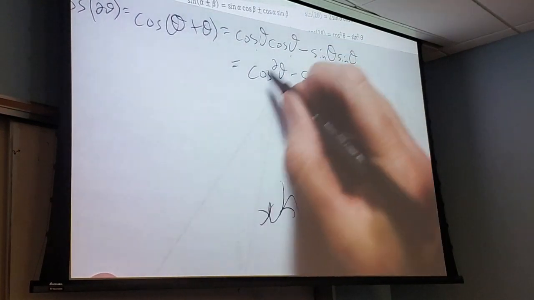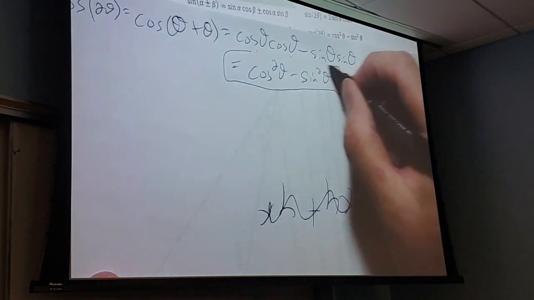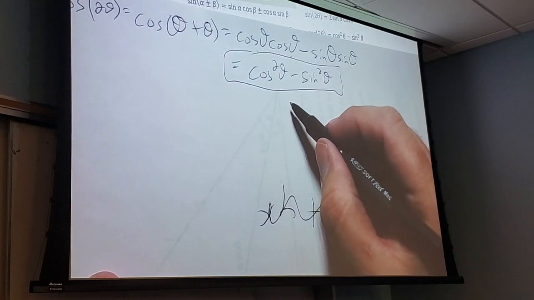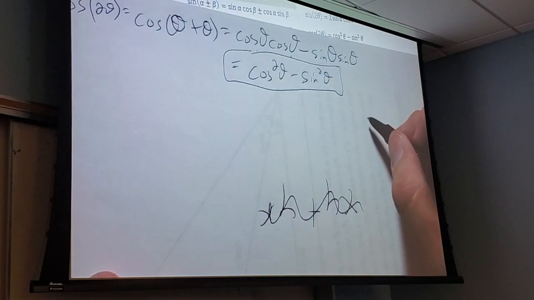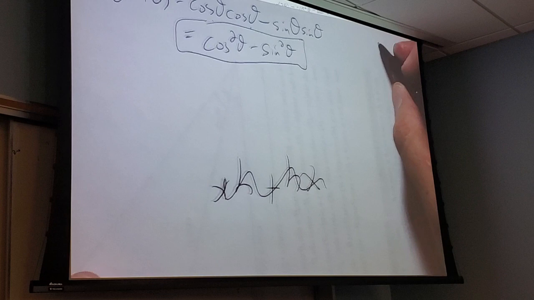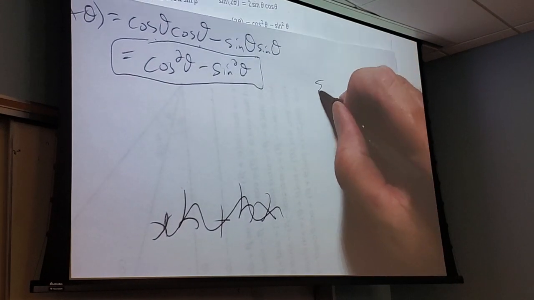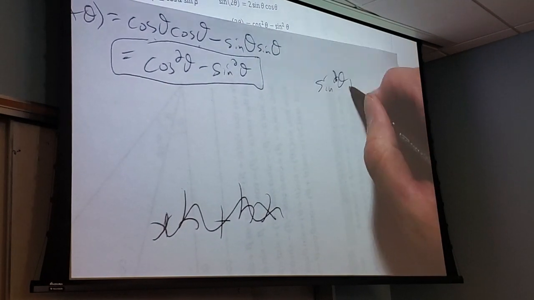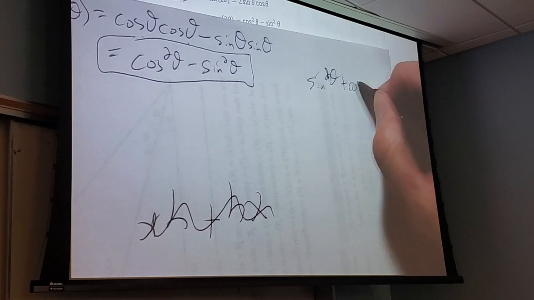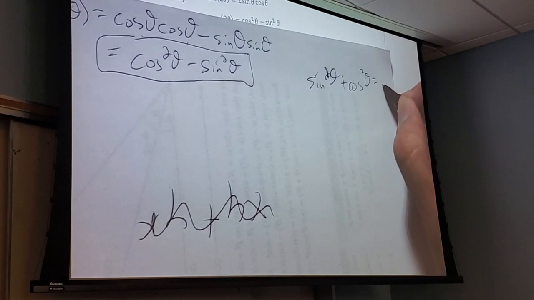So watch this. Here's one thing. This is valid. This is done. Can anyone tell me what cosine squared is in terms of sine squared? What's the most basic identity? Sine squared plus cosine squared equals 1.